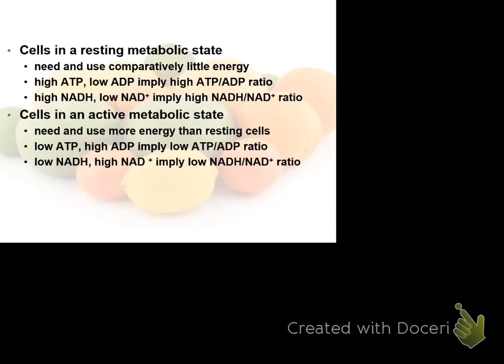Whenever that happens, you want to regulate and turn down the citric acid cycle, as you do glycolysis, and you're going to turn on gluconeogenesis. If you're in an active state, then you're going to need more energy, and so the ratios get reversed. Okay? So a lot of times you just have to think about how this is affecting the overall ratio of ATP to ADP, or NADH to NAD+.